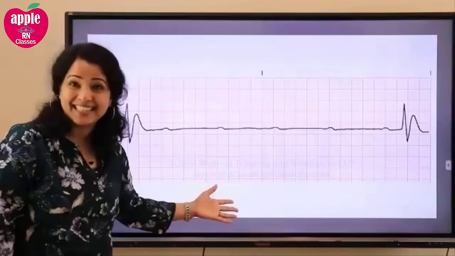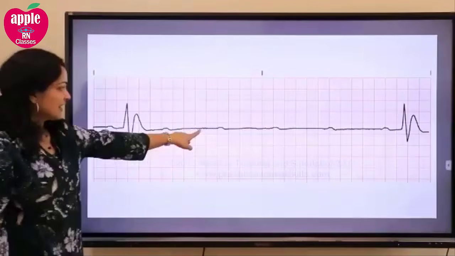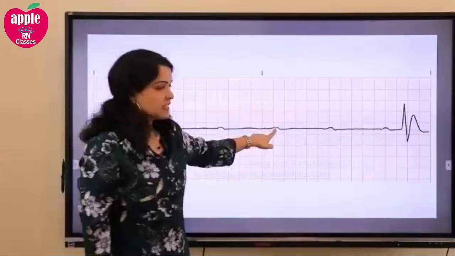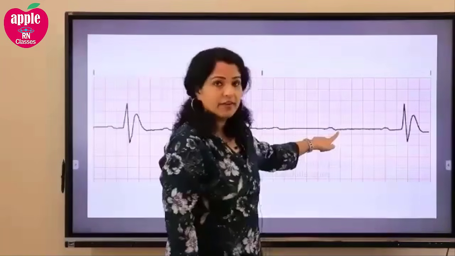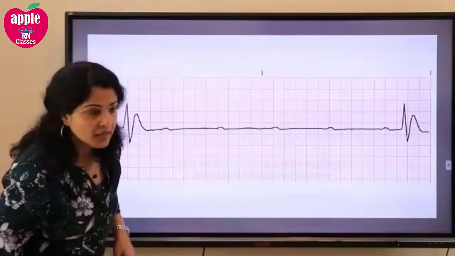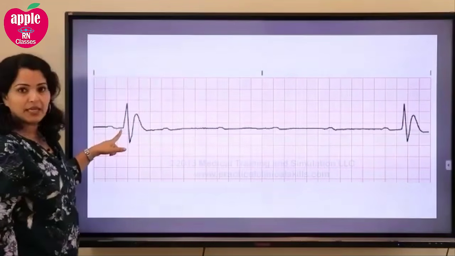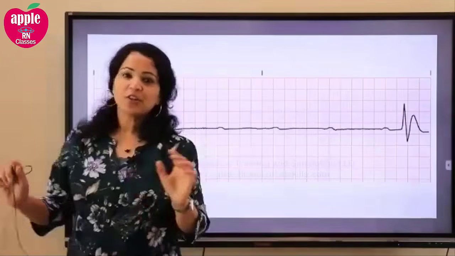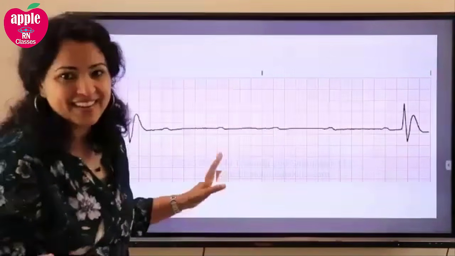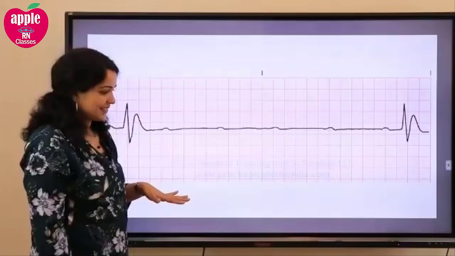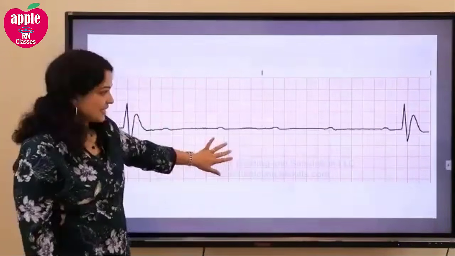There is a P wave, there is a P wave, there is a P wave. None of them has a QRS with it. But then there is a QRS, there is no P. Then there is a QRS, there is no P. So both of them are living separate lives, and that is the third degree. Really bad thing.